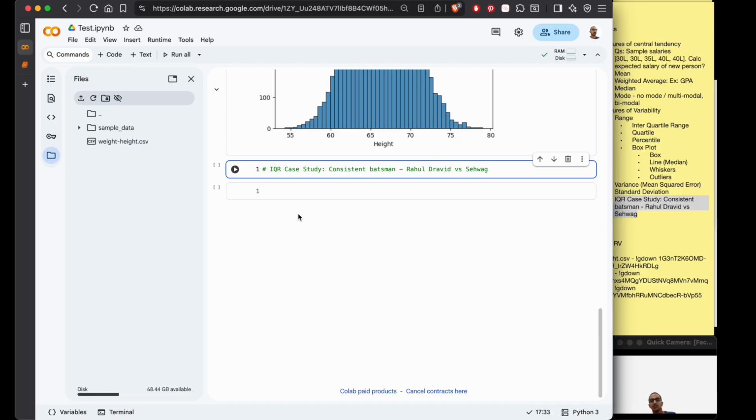So whom will we choose? Of course, it depends on the number of balls left, and also the run rate and all that stuff.